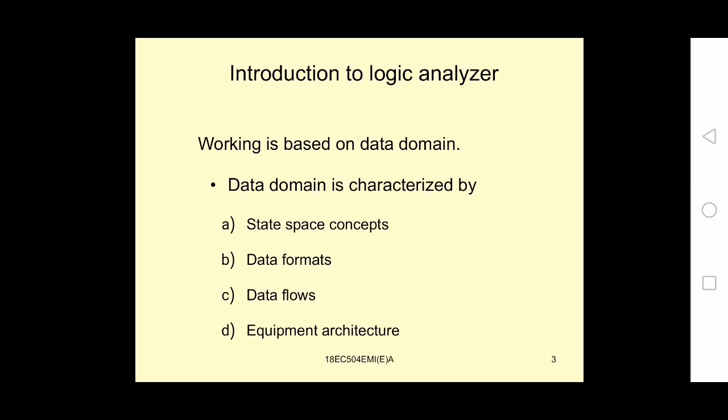So you will have different data flows from one state to another state. And the fourth one is the equipment architecture, which is either von Neumann or Harvard architecture. The data domain is characterized by equipment architecture also.